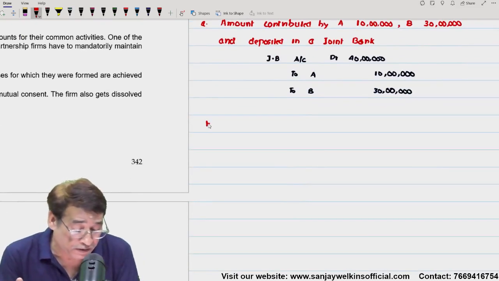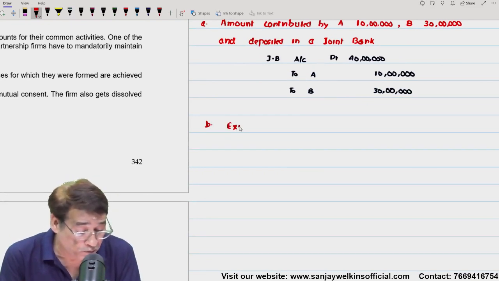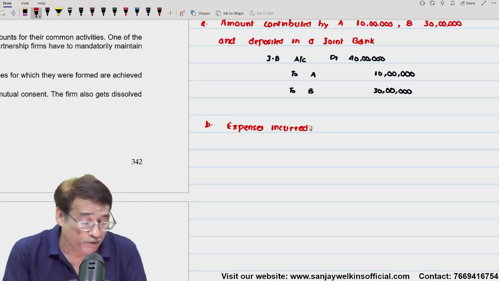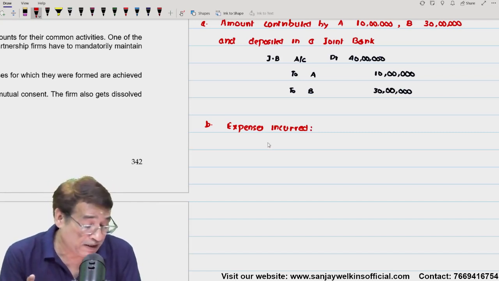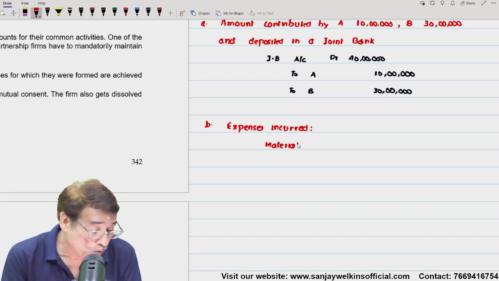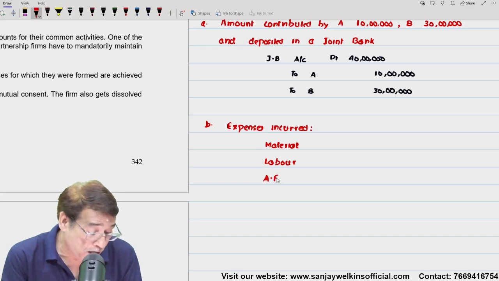So, now let us say the question further states, expenses incurred. You are given some information with respect to some expenses incurred. Let us say expenses incurred in the form of material, labor, architect fee, engineer's fee.